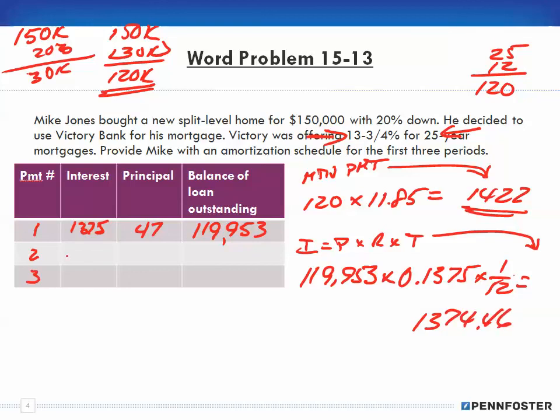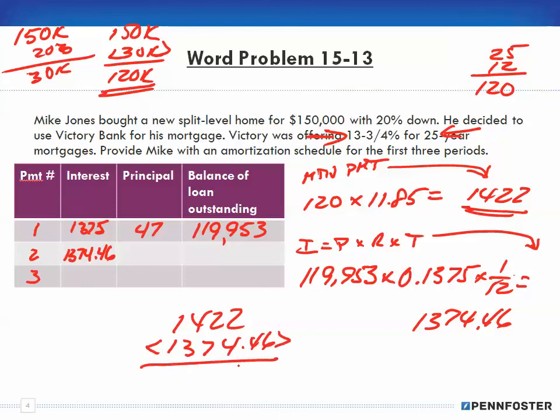We subtract the interest from the payment, and we have our principal amount of $47.54.